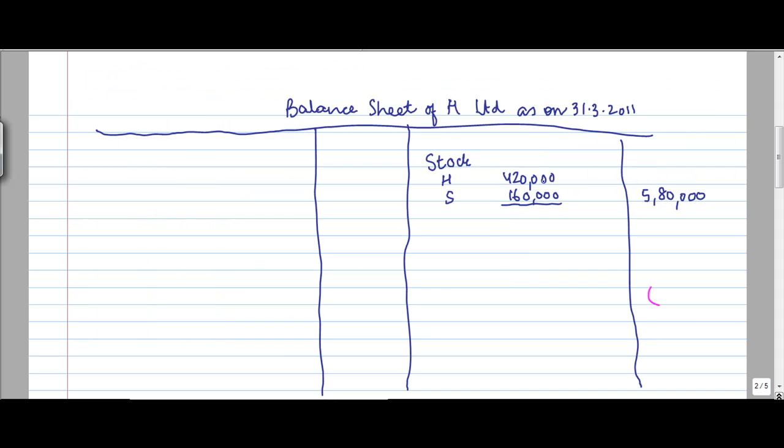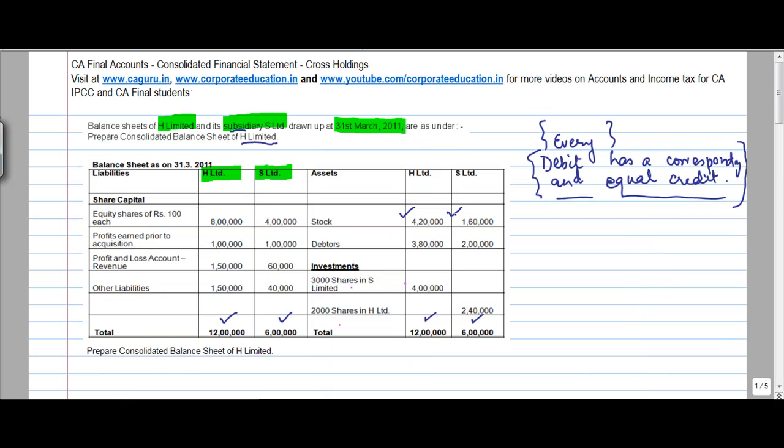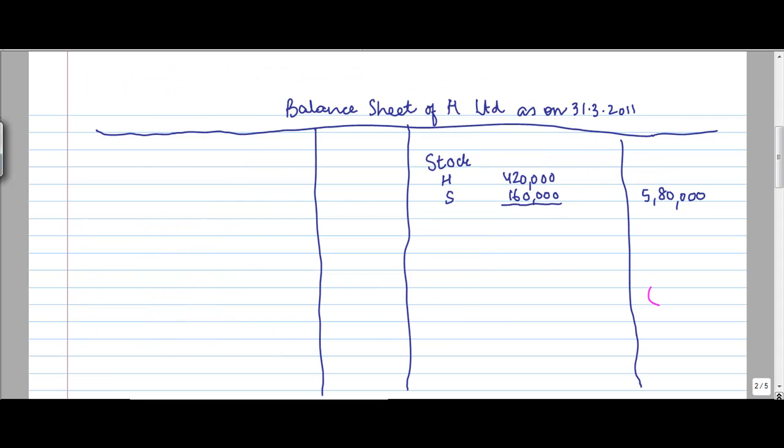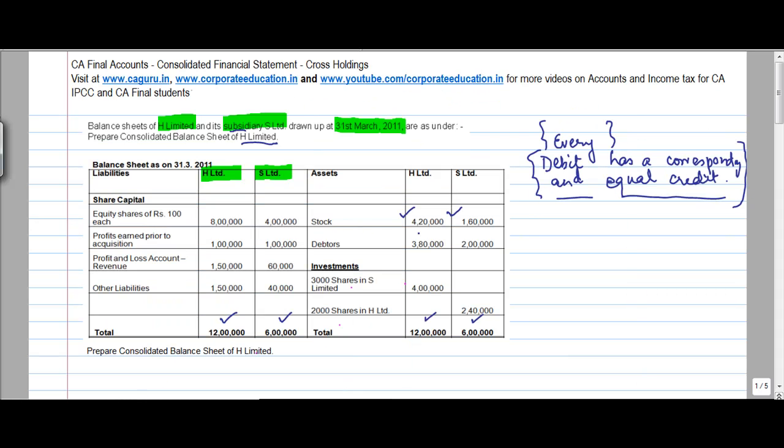Corresponding to this, I had in the consolidated balance sheet 4,20,000 and 1,60,000 on the debit side. So 580 has come here. This implies that the debit aspect which was available to me here is completed in this. Let's move on to the next one. Debtors, 3,80,000, 2 lakh.